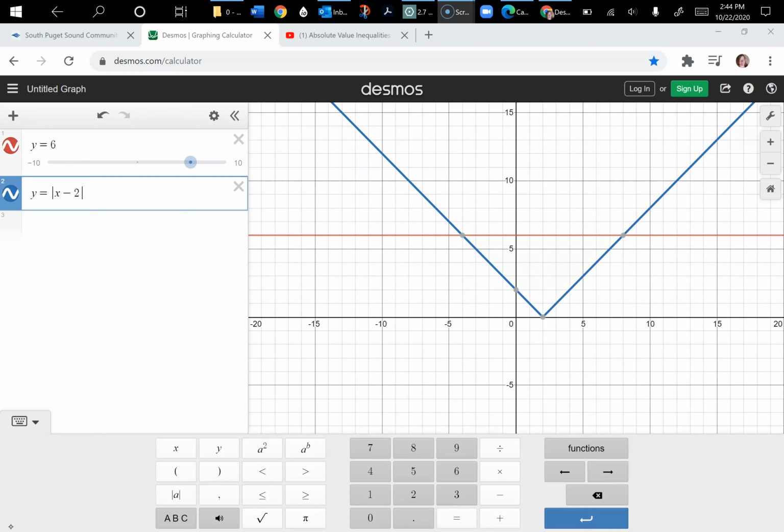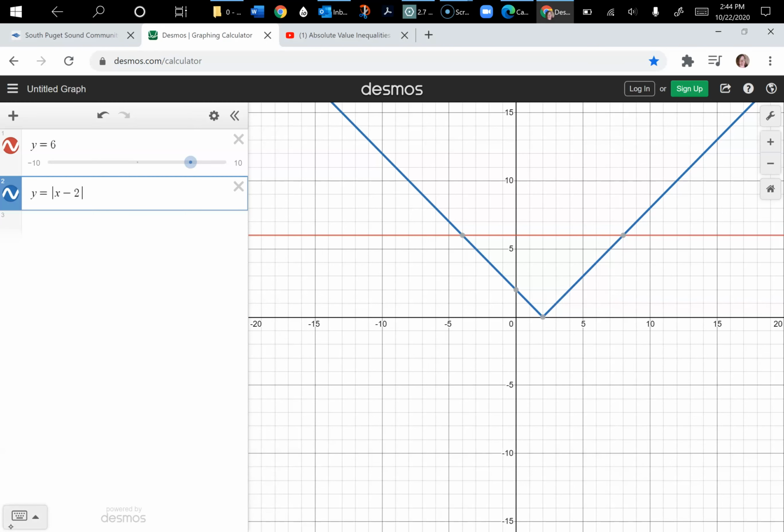So then I want to look at when my x minus 2 is less than 6. So I'm going to be looking in this area here. We would have anywhere from when x is negative 4 up through 8. So you can tell if your answer is correct by that.